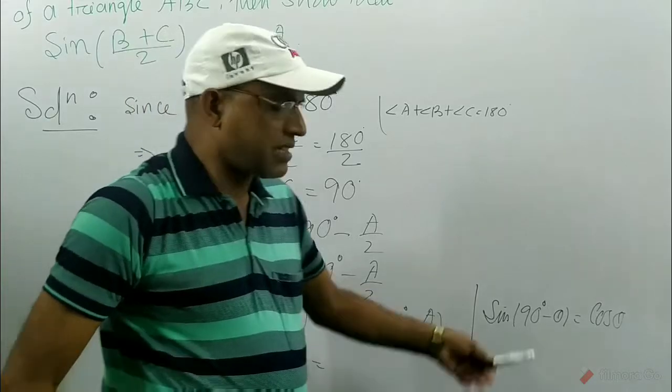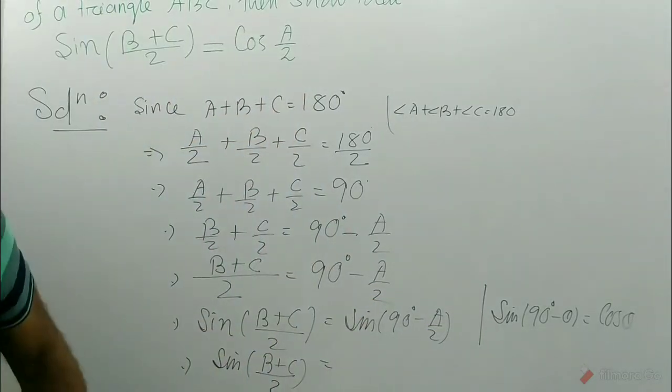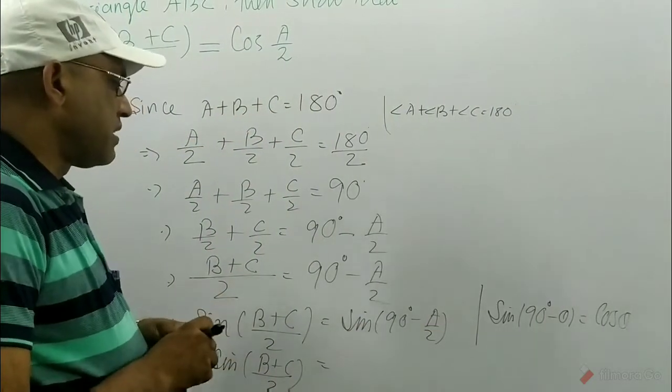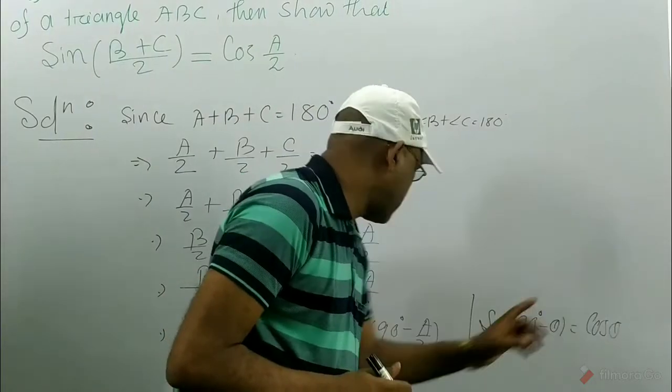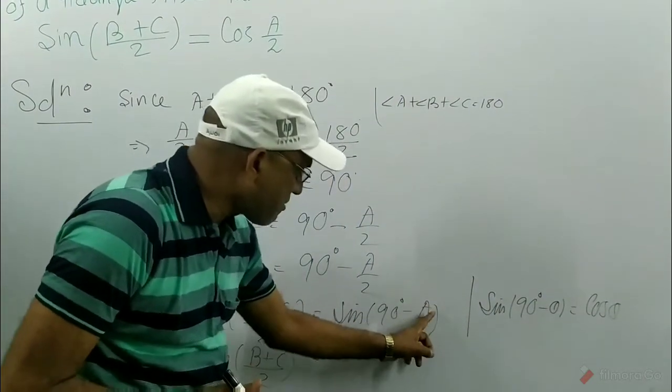So here we have 90 degrees minus A by 2.